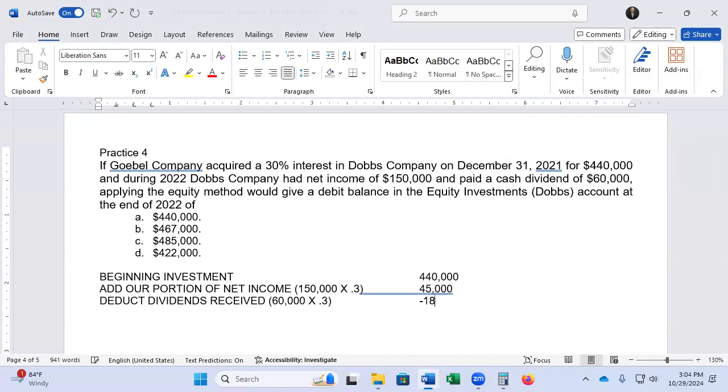And so that's 18,000. And so our ending balance investment is our total, 467,000.